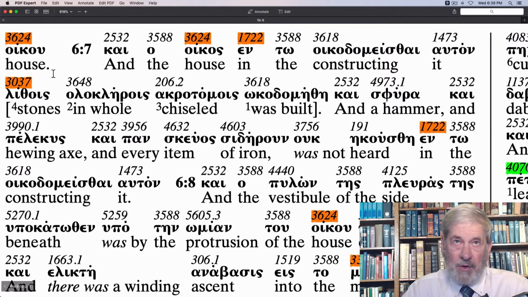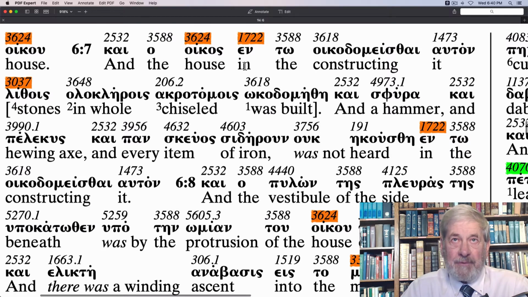Now, what all this means in these inner dimensions, somebody can probably come up with some good ideas by going to Wikipedia and looking up the temple and finding out all kinds of people write their ideas of what it looks like and draw pictures and so forth.